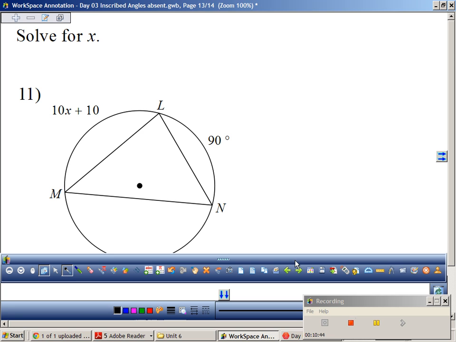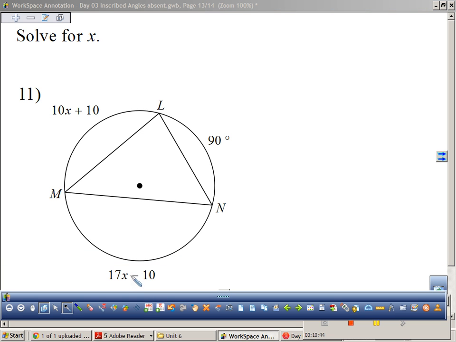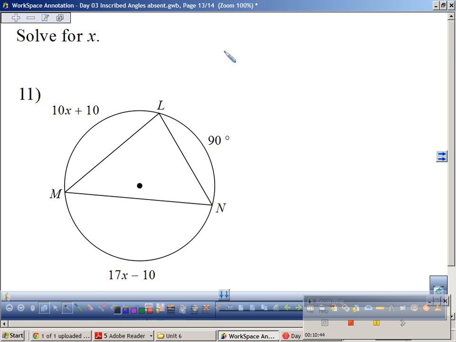I'm going to leave number 10 for you to do. Let's do number 11 together. All right, so if I'm looking for x and I'm noticing that I'm getting this arc, and this arc, and this arc, so I have arcs all the way around the circle, and I happen to know that the degrees around a circle is 360 degrees. So I'm going to say the measure, let's start here, LM.